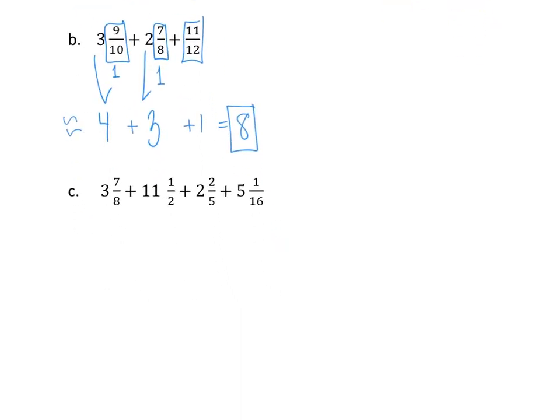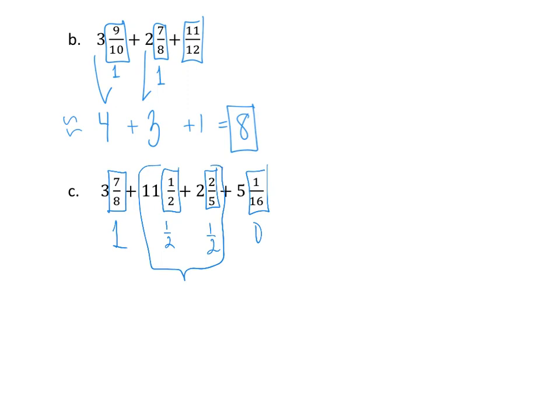And then the last one here, I have 7/8, which is close to a whole. I have a half, which is exactly a half here. 2/5 is really close to a half also. And then 1/16 is close to 0. So if I try and group these two together first, I have like 11.5 plus 2.5.